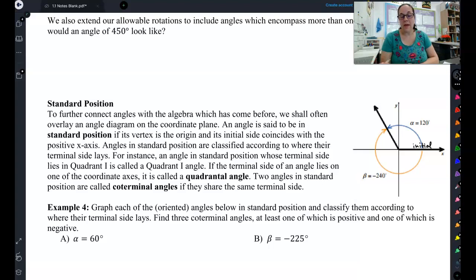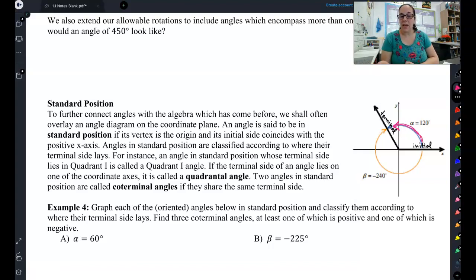Always. Then the terminal side of the angle is what moves around. Then, to measure your angle, you go from the initial side to the terminal side. And that's the measurement of that angle.